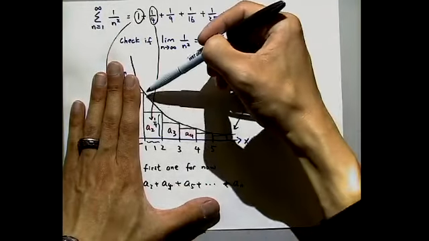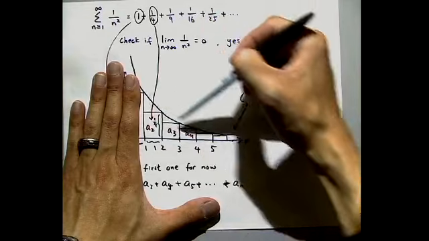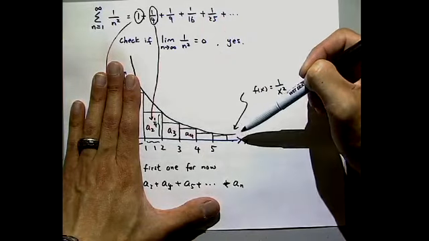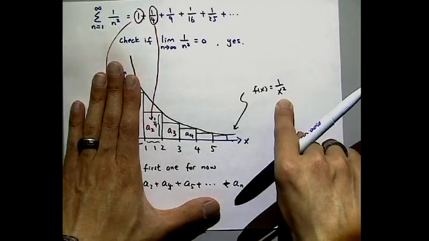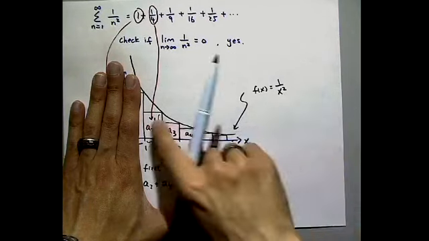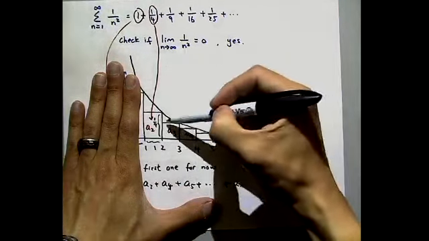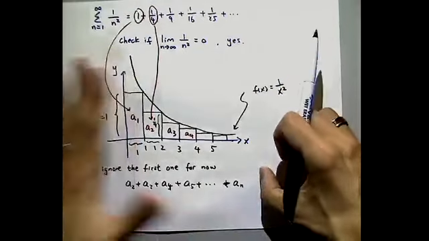Notice that it's no bigger than the area under this curve. Do you see that? It's no bigger. It's got to be smaller because we have these areas unaccounted for.